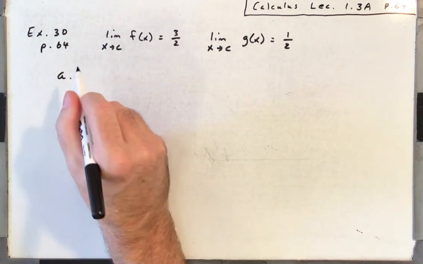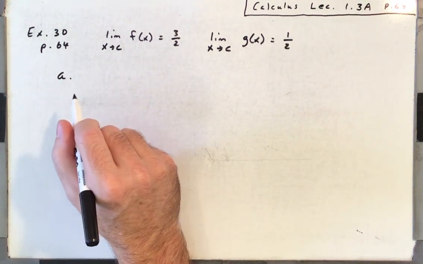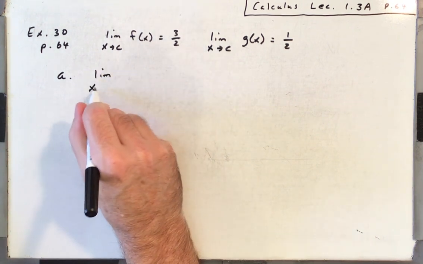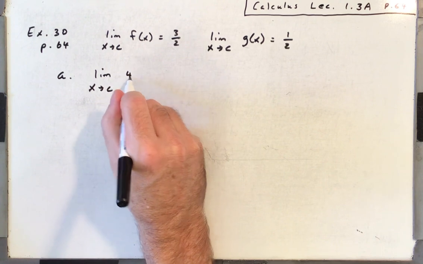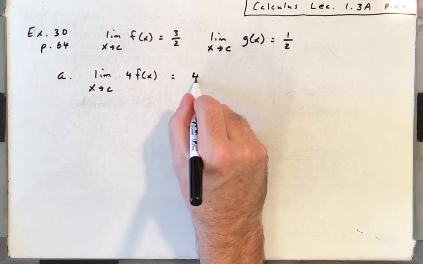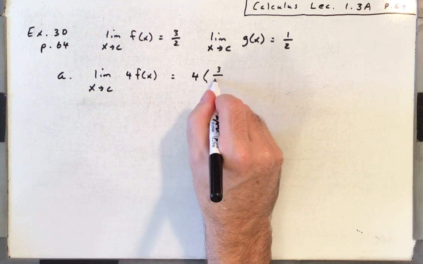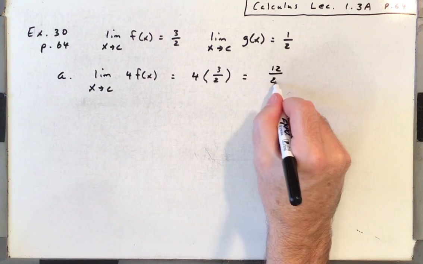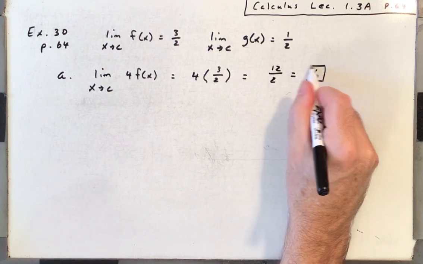So part A says to find the limit as x approaches c of 4 times f of x. So that's just going to be 4 times 3/2, which would be 12 halves, or 6.